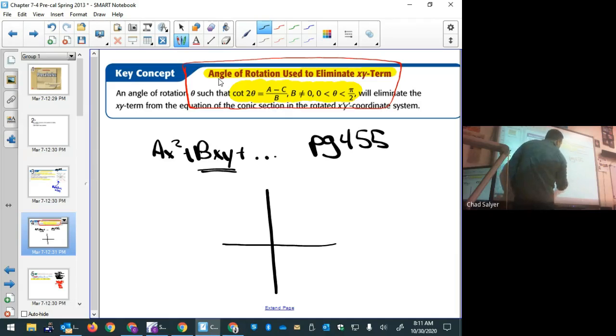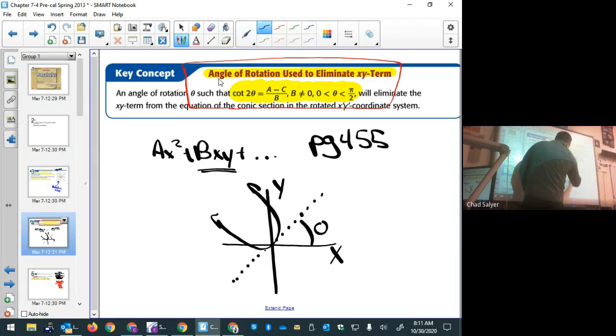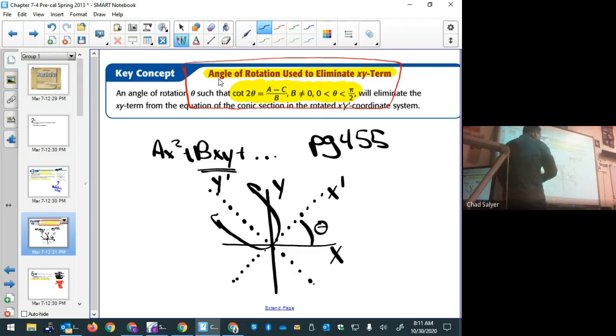So let's just say, for the sake of argument, you've got one that's like this. So this is x-axis. This is the y-axis. It's clearly skewed to them. But I can create some new x prime and y prime axes that it is perpendicular or parallel to.